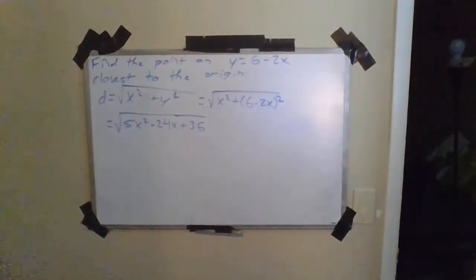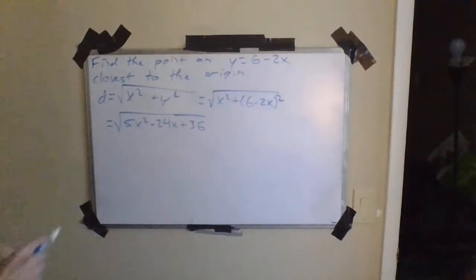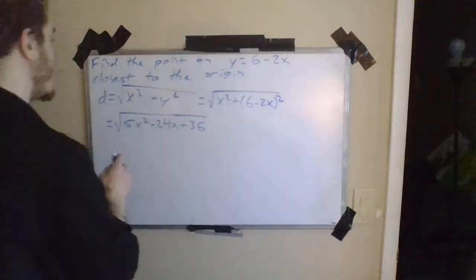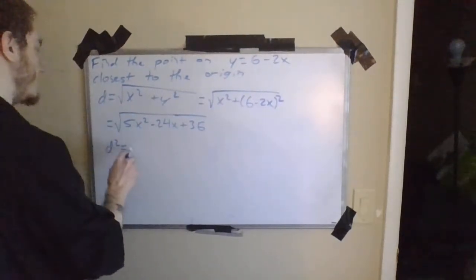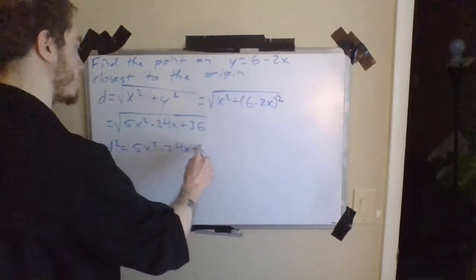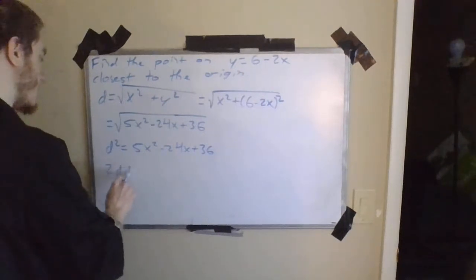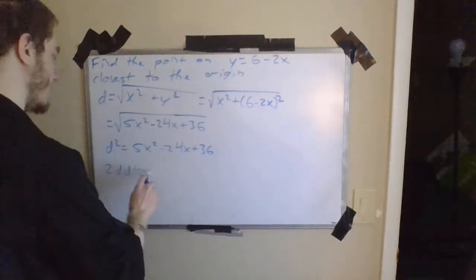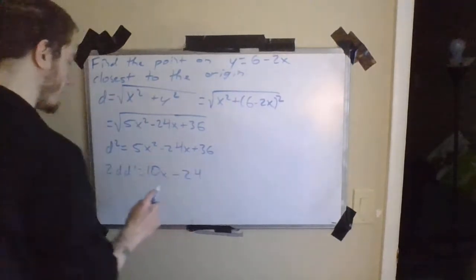And at this point, there's a couple of different ways that we could go about doing this. Probably the easiest thing to do is to say this means that d squared is 5x squared minus 24x plus 36. That means that 2d d prime is equal to 10x minus 24.